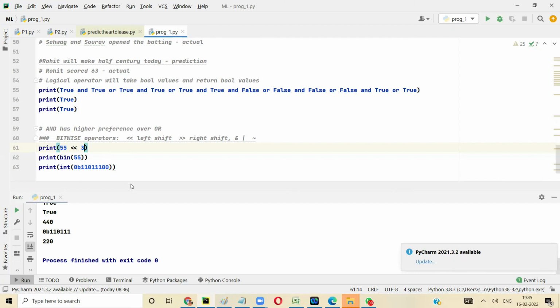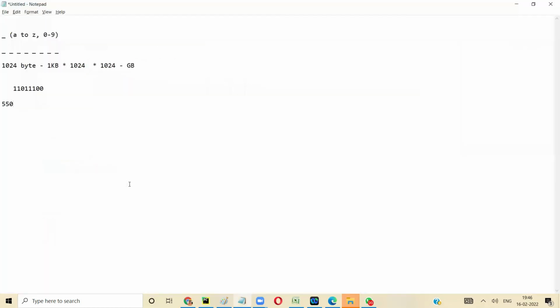We have seen how you convert it into binary, do the left shift, and see the outcome. Someone asks: when you write 3, is it multiplied by 6? Not 6. If I say 55 left shift 3, you're putting 3 zeros.